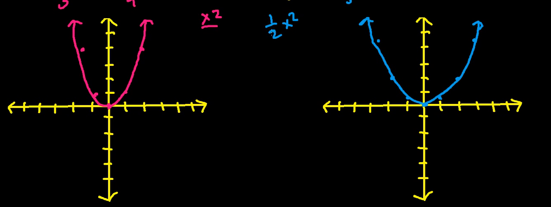So the smaller this fraction is, the larger the number in the denominator. Say we had 1/10, then it would be even more pronounced. Instead of 1 and a half, we'd have 1 and a tenth. That would be all the way down here. And then when we put in x equal to 2, instead of getting 4, we'd get 10 over 4, which is 1/5. Is that right?